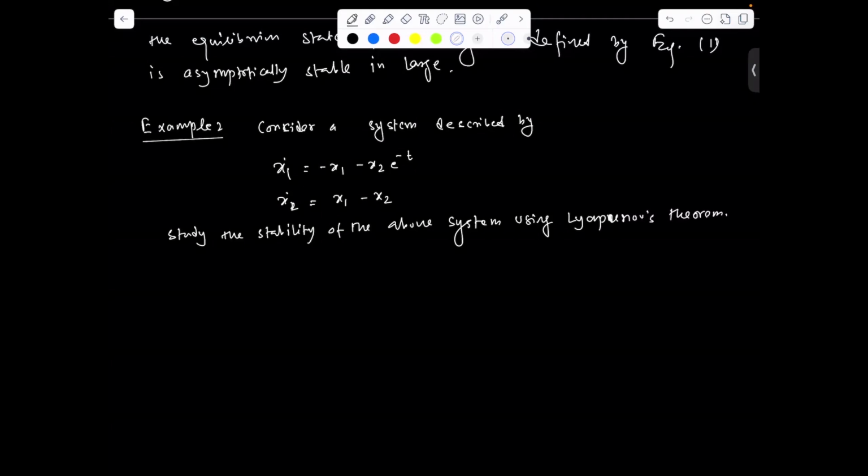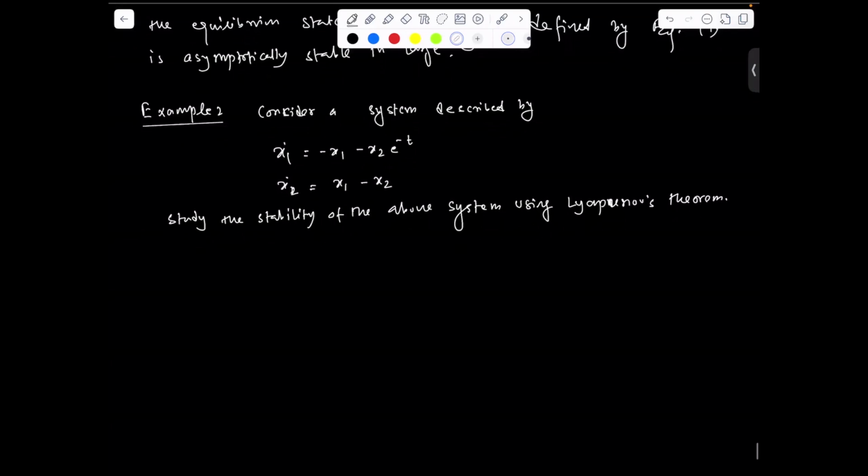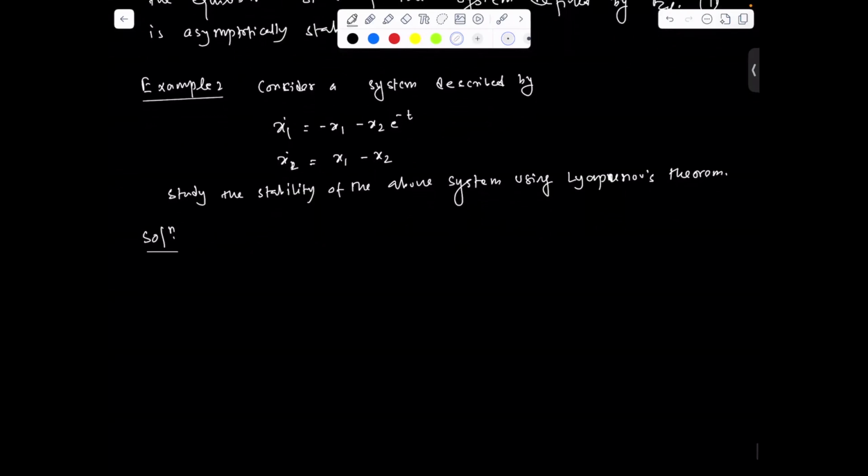So here, similar to the above example, first we have to find the equilibrium point of the system. Solution. Let us define this as equation 2.